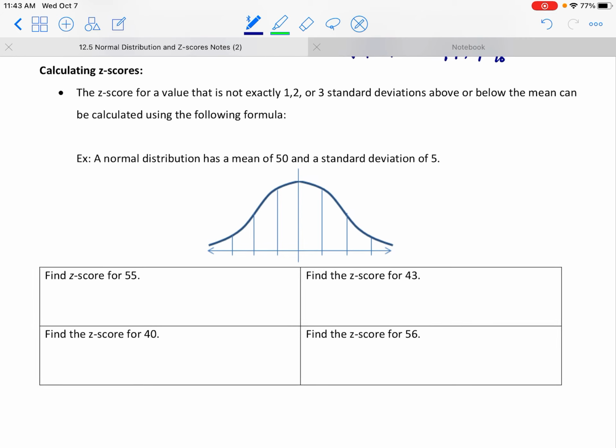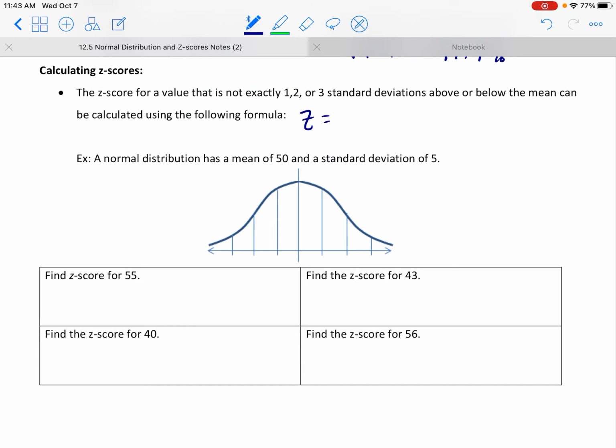Now, if we try to get a little more specific, then we might want to know the z-scores for our data when it is specific. So, for example, if the z-scores for our data are not exactly 1, 2, or 3, and we want to be able to calculate a z-score for data that is specific, we have a formula to calculate a z-score.